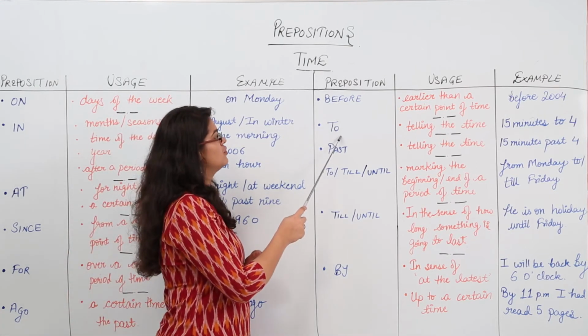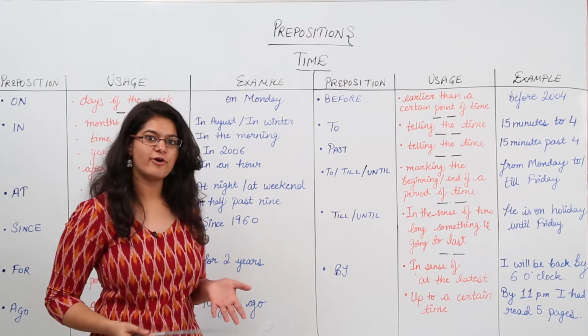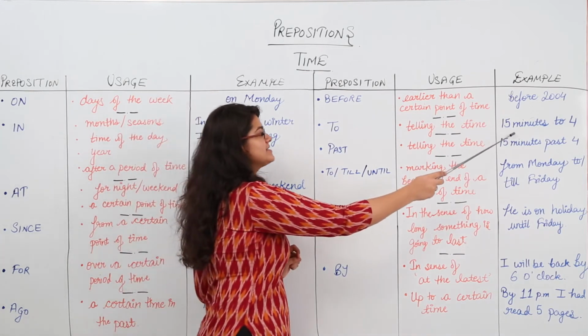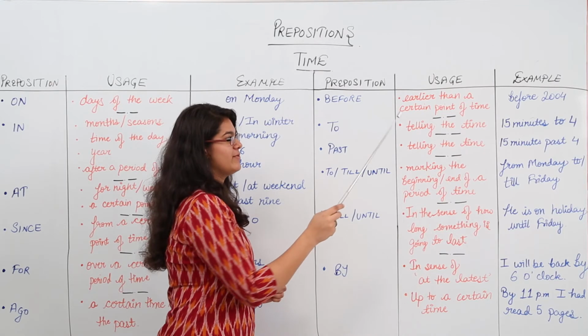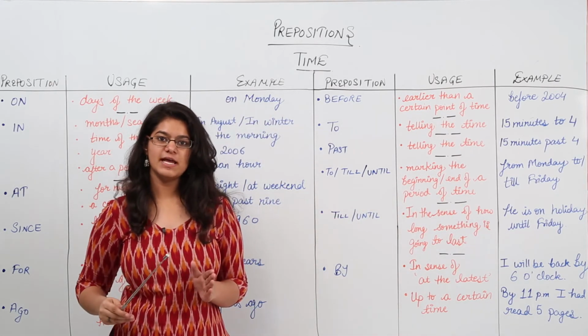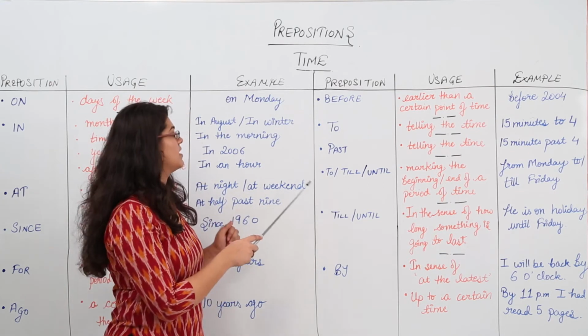Next, to. To is for telling the time, 15 minutes to 4. That means it's 3:45 and in 15 minutes it would be 4. So 15 minutes to 4. Past, for telling the time again, 15 minutes past 4 means it is 4:15 and 15 minutes have already passed since it has been 4.